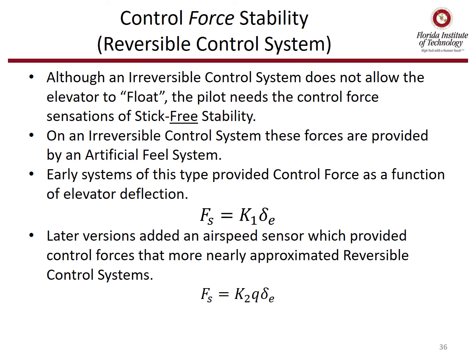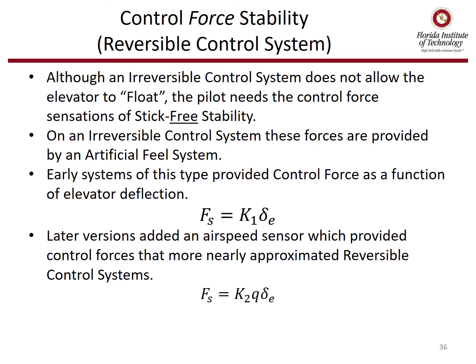Although an irreversible control system does not allow the elevator to float because the hydraulics or the electronics won't let it, the pilot needs the control force sensation of stick-free stability. So the way this is done on an irreversible control system is through artificial feel systems.